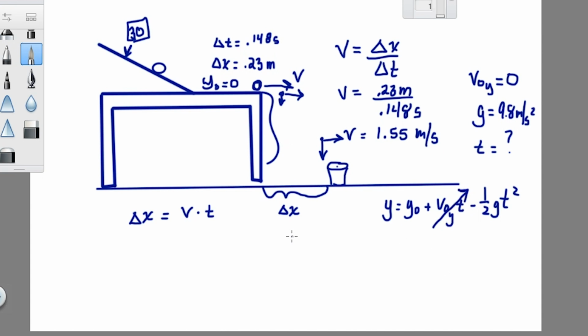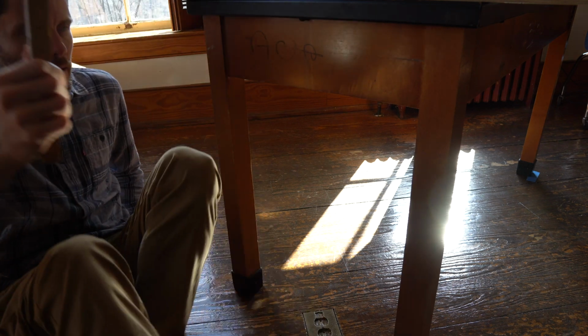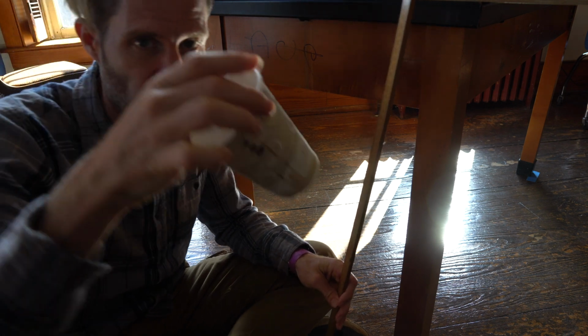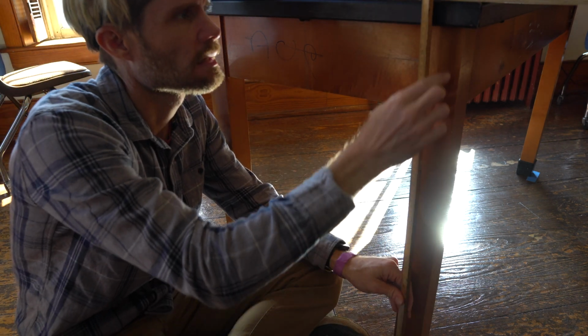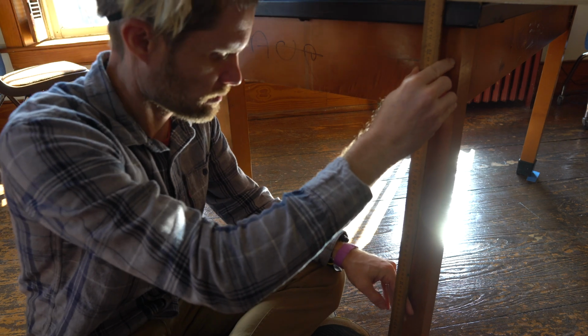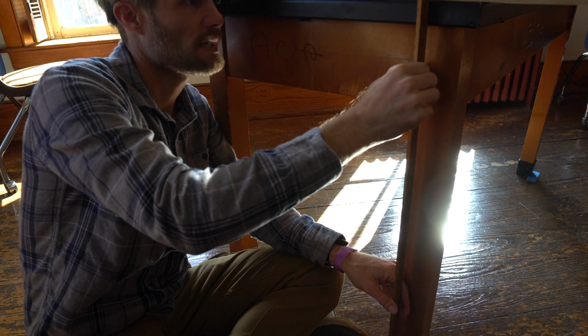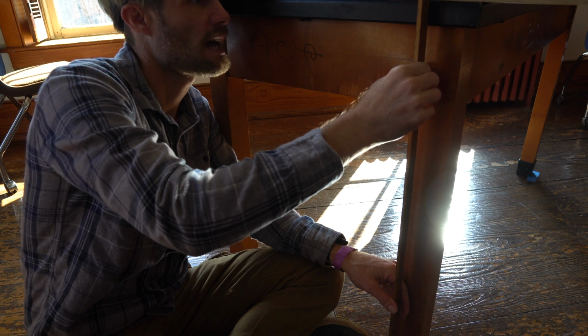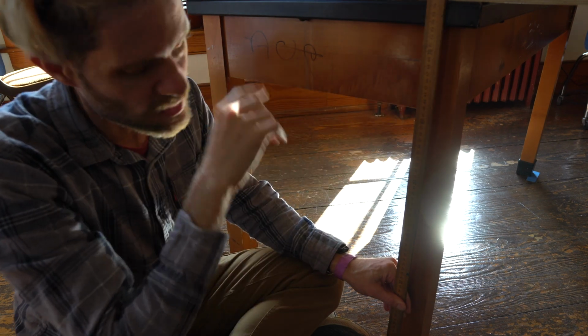So let's go back to the table and find the height of the table and the height of the cup, and we're going to take the difference of those two so we can find the change in our vertical displacement. The table is 76.6, 76 and a half centimeters.